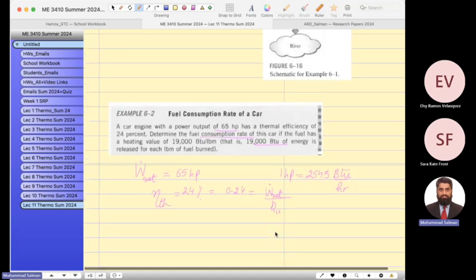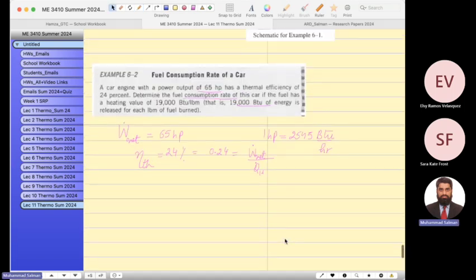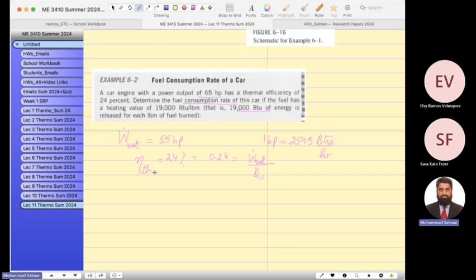So if you understood, the question is, what is M dot F? Fuel supply. So M dot F, fuel being used, and Q dot H is equal to M dot F times the HV.